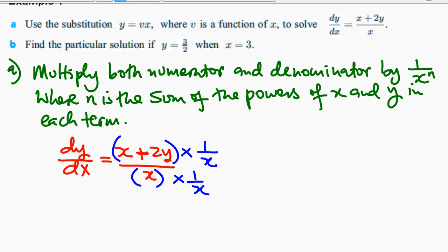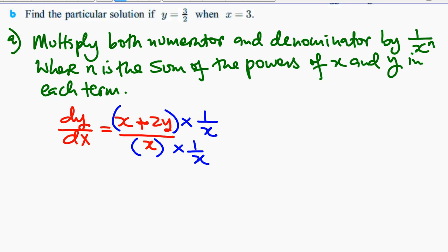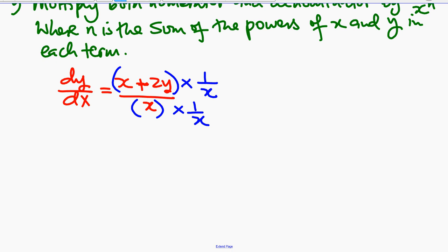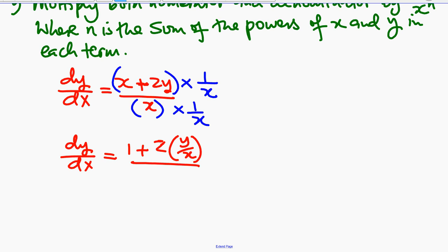And if you do that, what you'll end up with is this equation: dy over dx will be equal to 1 plus 2 into bracket y over x, all over 1.